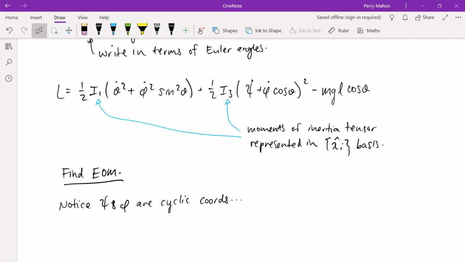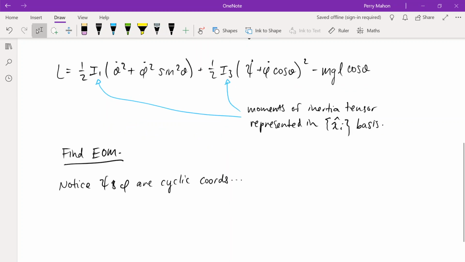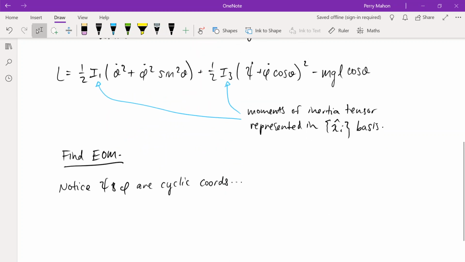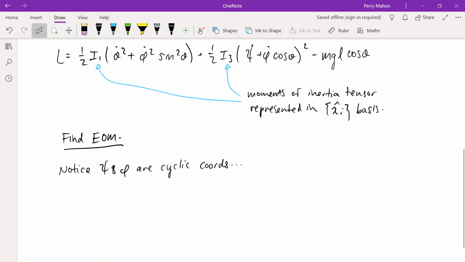You'll get conserved quantities associated with each of these degrees of freedom. More precisely, you'll get conserved quantities arising from the minimization of the action with respect to each of these generalized coordinates. So let's look at psi first. dL by dpsi is 0.